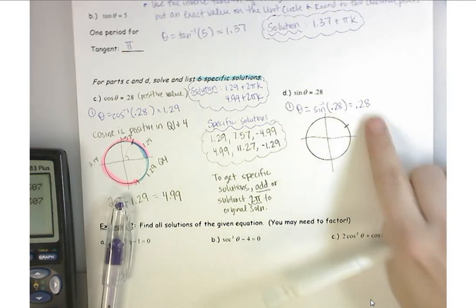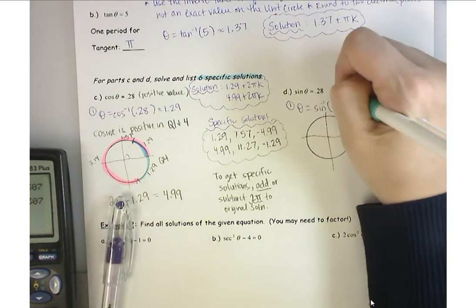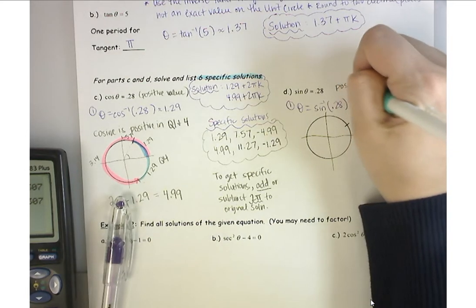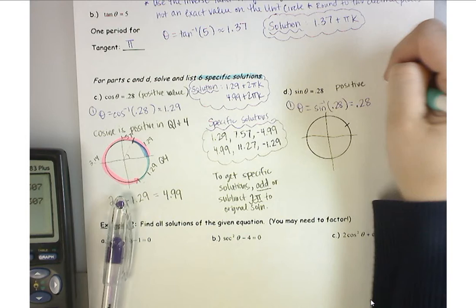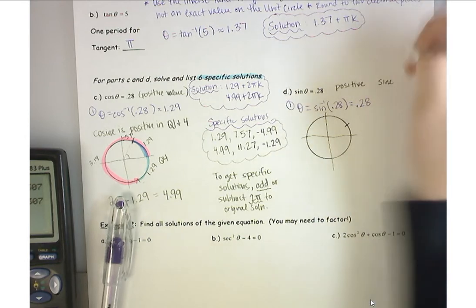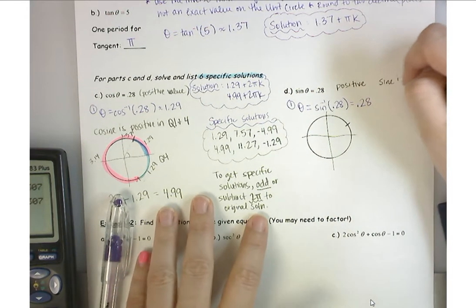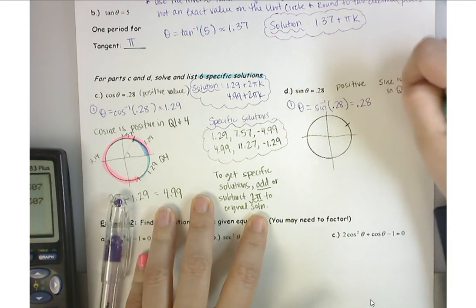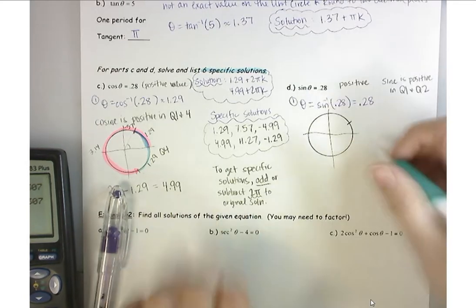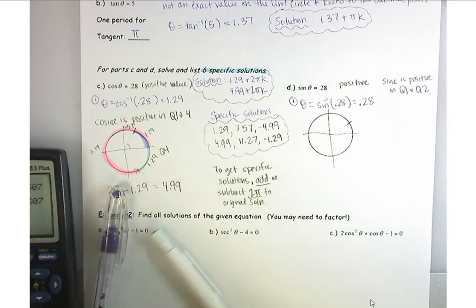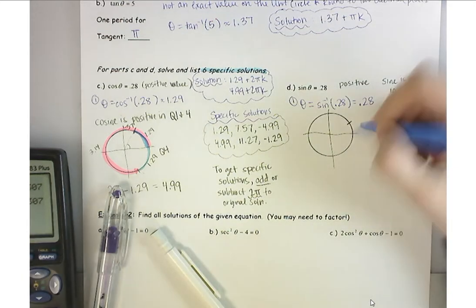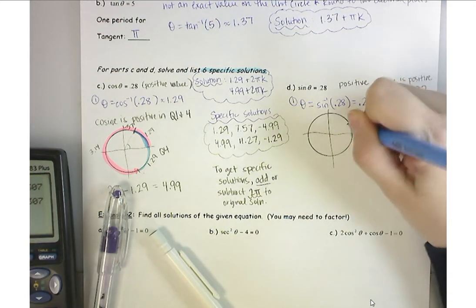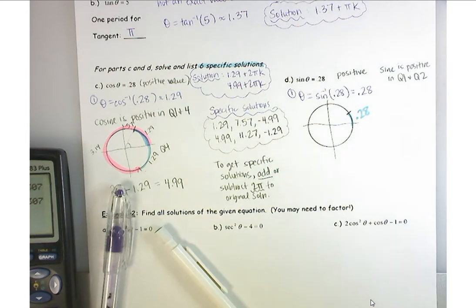Now, this is positive. Okay, sine is positive in what two quadrants? 1 and 2. So we already found the solution in quadrant 1. So we have to find the one in quadrant 2.